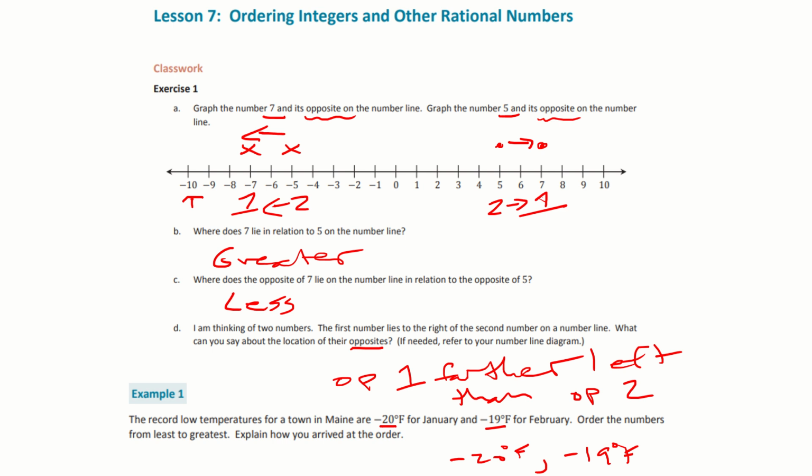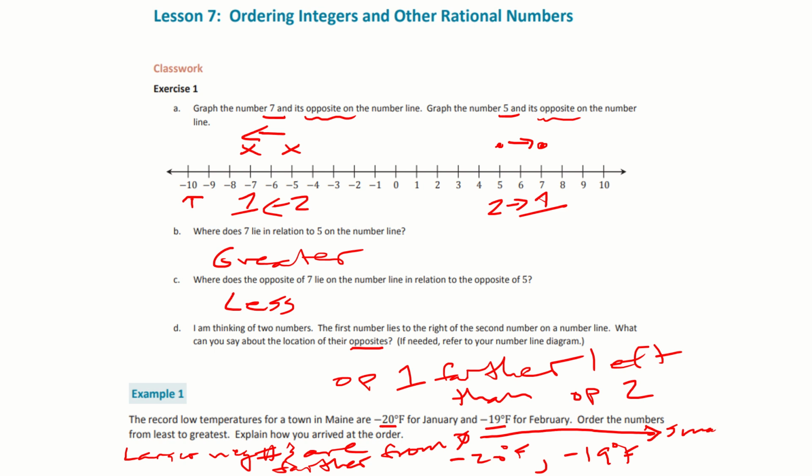So that would be how you explain your order, right? Larger negative numbers are farther from 0. So that means that they're smaller, or least.